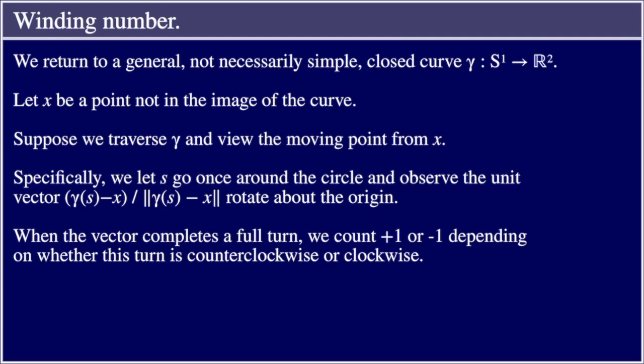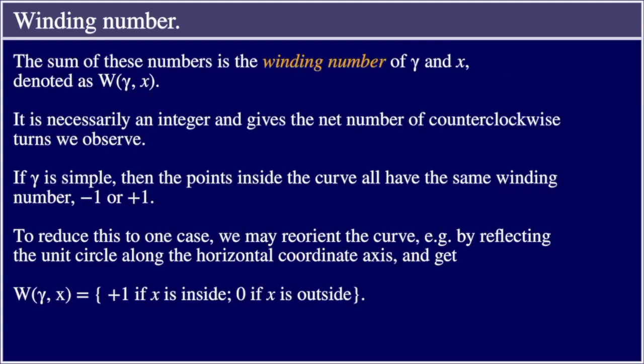When the vector completes a full turn, we count +1 or -1 depending on whether this turn is counterclockwise or clockwise. The sum of these numbers is the winding number of gamma and x, denoted by W of gamma, x. It is necessarily an integer and gives the net number of counterclockwise turns we observe.